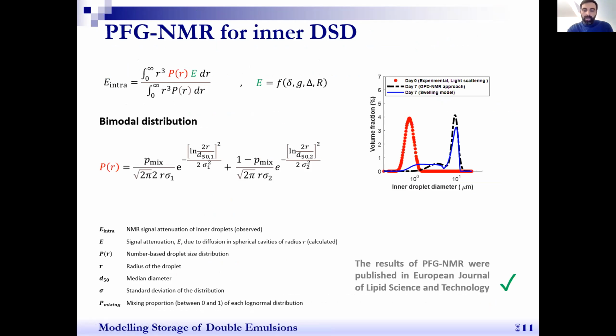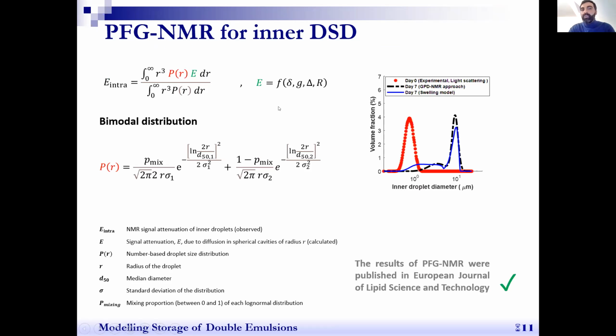In this slide, I would like to discuss the inner size of the droplets during the storage. One of the difficulties is that there is no direct method to find the size of inner droplets. On this figure, you can see the change in the size of inner droplets, the blue one as the swelling model and the black one as the NMR approach.